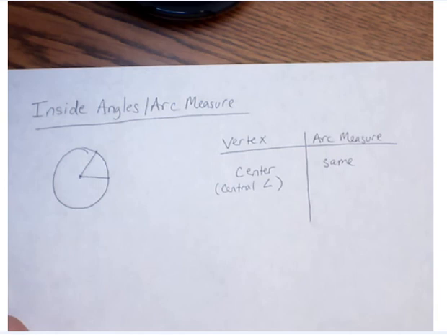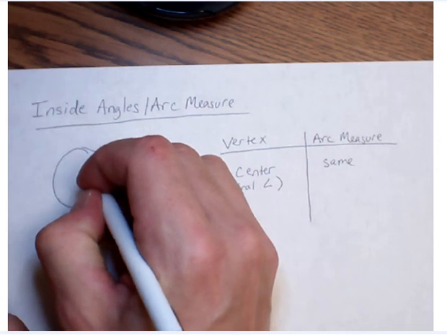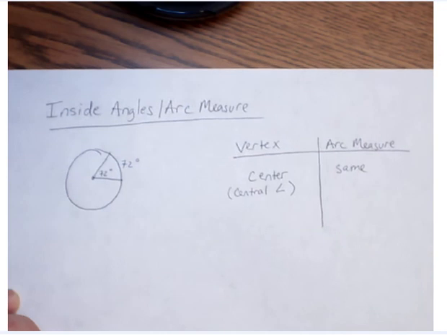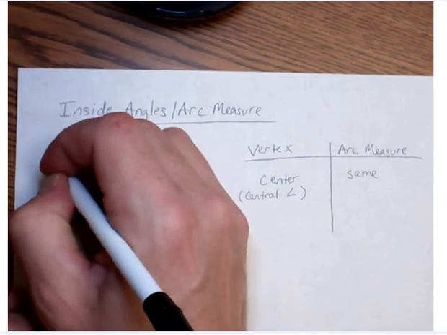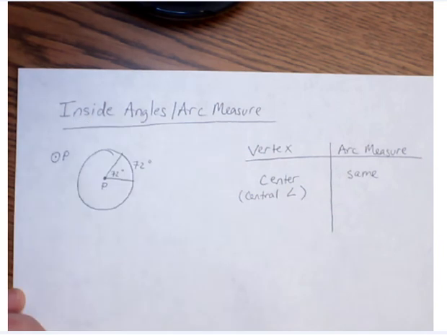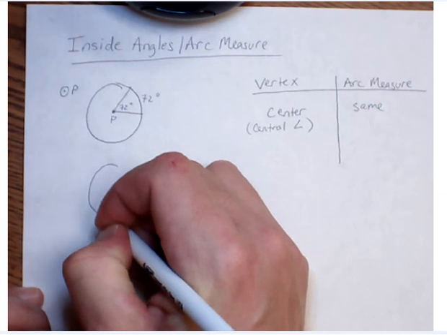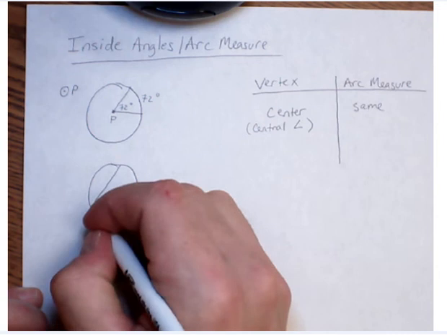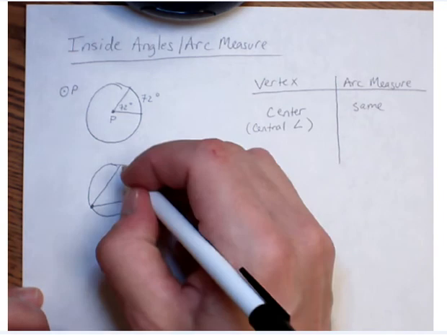This is what we talked about a few days ago. So let's say that the angle measure is 72 degrees, then that means the arc measure is also 72 degrees, if that's a central angle. Let's say that's the center P, and we'll name this the circle with the center at P. If the vertex of the angle is on the circle, then we know that the angle is half the arc measure.